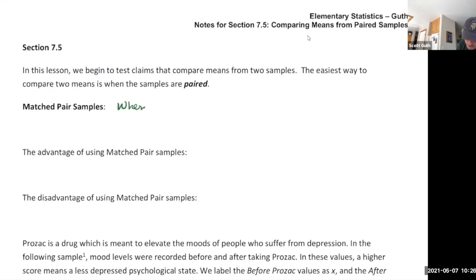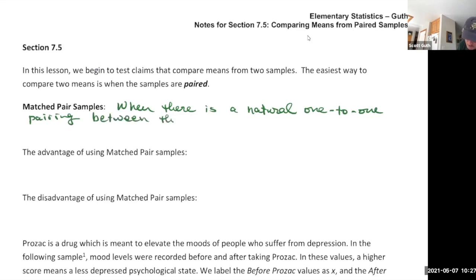This is when there is a natural one-to-one pairing between the samples which include the same type of measurements.